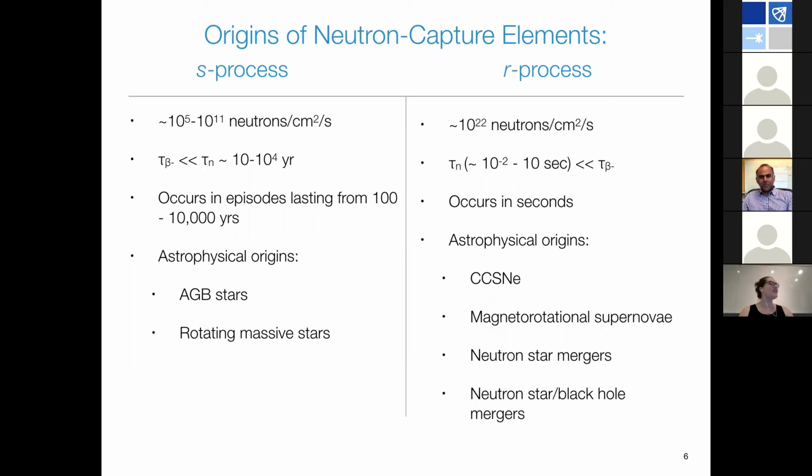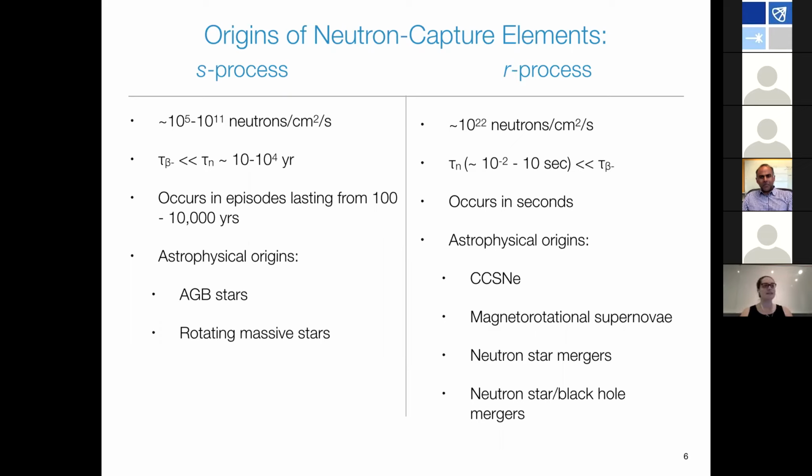The neutron capture timescale is 10 to 10,000 years. That's the timescale between the atom capturing a neutron, and that's much longer than the timescale for that neutron to decay into a proton through beta decay. So it follows the valley of stability, and the s process occurs in episodes lasting from 100 to 10,000 years, and at least for barium, is predominantly produced by AGB stars.